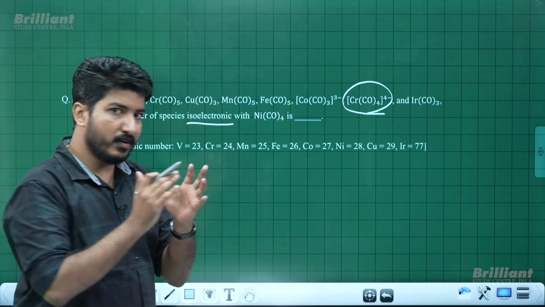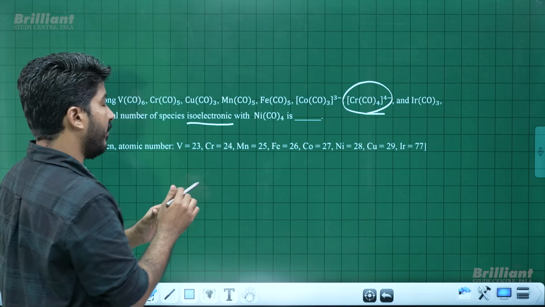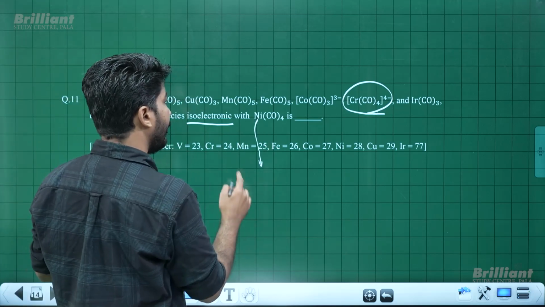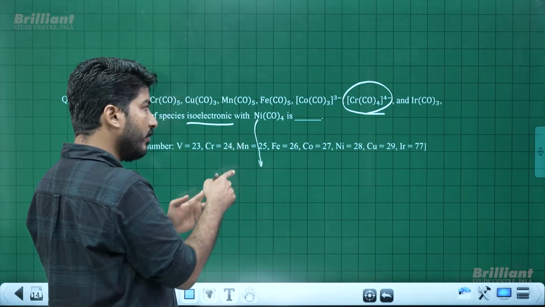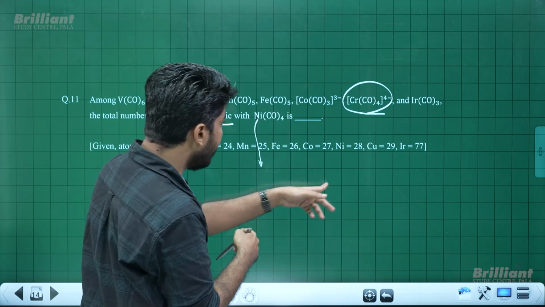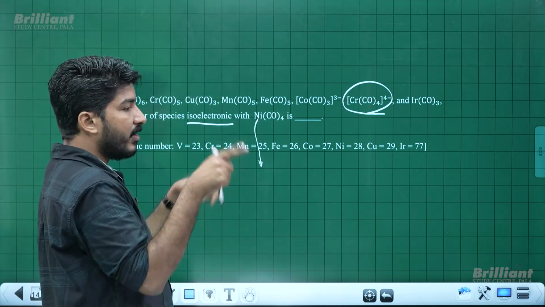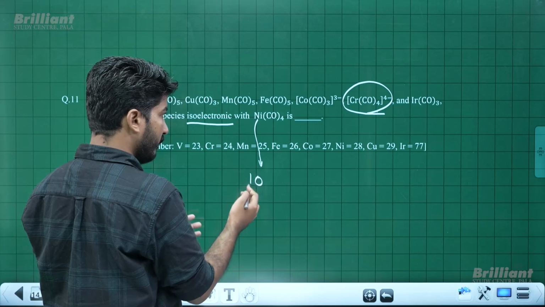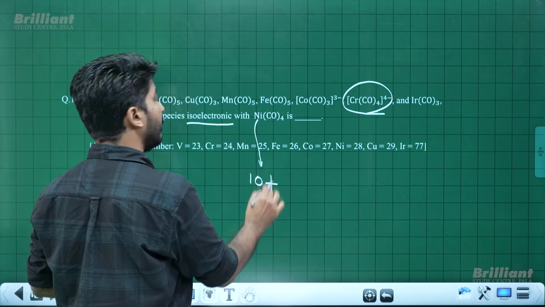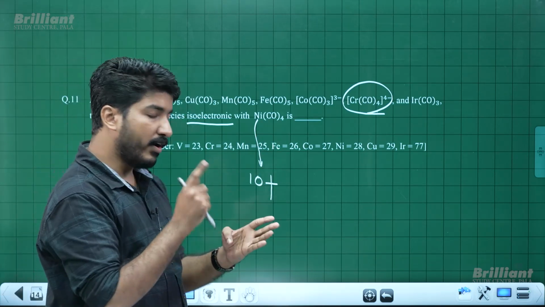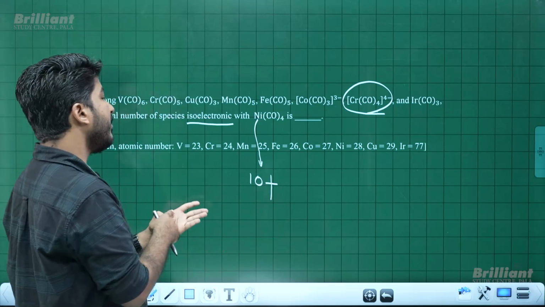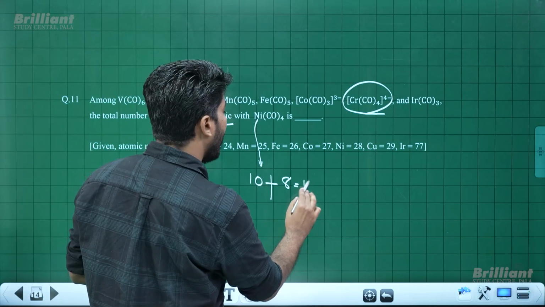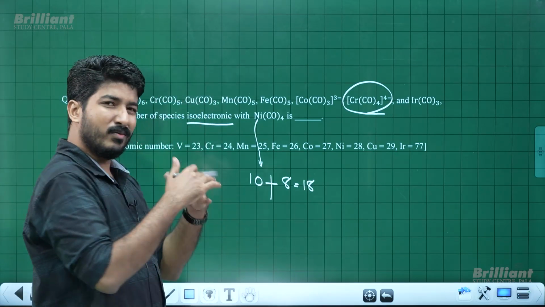For Ni(CO)4, focusing on central metal nickel and taking a total valence electron count, its atomic number is 28 and 4 carbonyls are coordinating to it. So nickel has 10 valence electrons before bonding, plus 2 electrons from each carbonyl, as 1 lone pair is donated by each carbonyl. So 8. That makes 18 valence electrons around nickel.